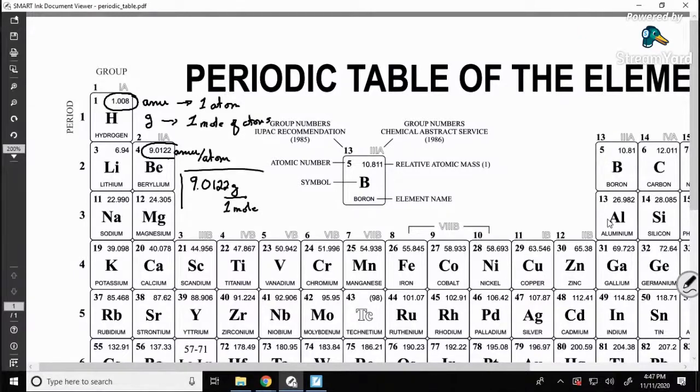And this would be your gram atomic mass. Same numerical value as what we find on the periodic table, but in terms of grams per mole rather than AMU per atom. So with that idea, we now can branch into three other definitions that we have.